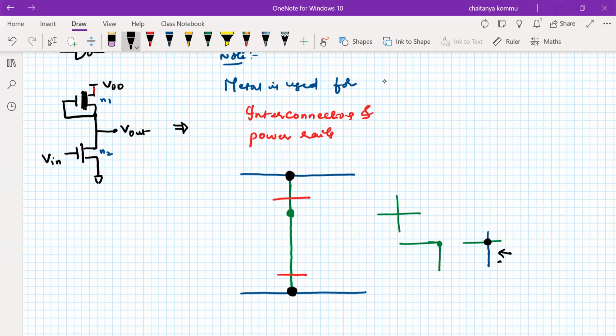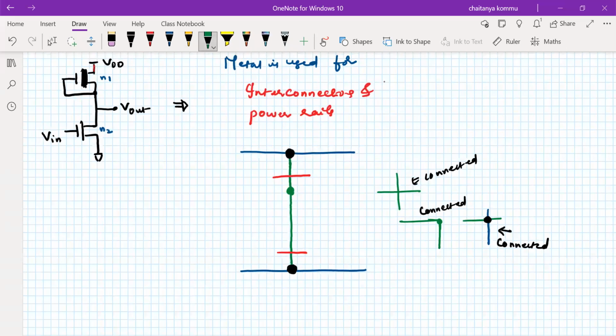So we can say that with the help of the dot, it is connected, and without using a contact, it is connected here because of the same material. Here also connected, here also connected. Why? Because when the same material is crossing another same material, the connection is automatically established. Otherwise, if two different materials are to be connected, a contact cut is required. You have to keep that in your mind.